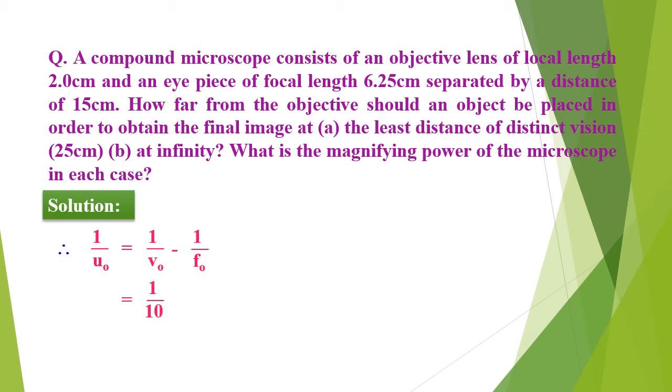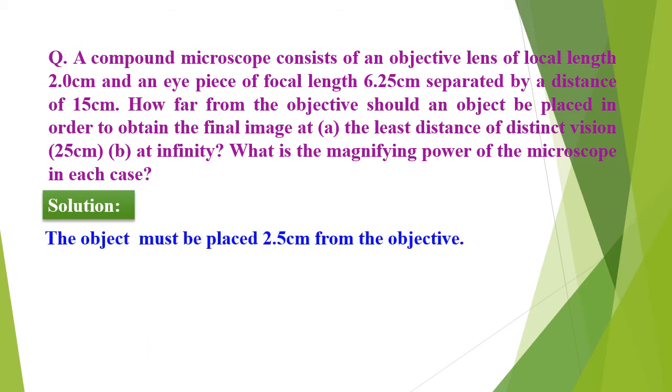That gives rise to 1 by VO, the objective related image distance, that is 10 centimeter, minus 1 by objective focal length 2 centimeter. This gives rise to the answer minus 4 by 10. So this implies UO value will become minus 10 by 4, that is minus 2.5 centimeter. The object must be placed 2.5 centimeter from the objective lens.